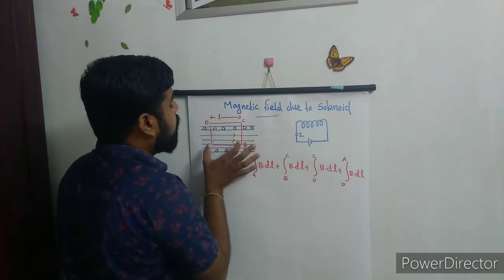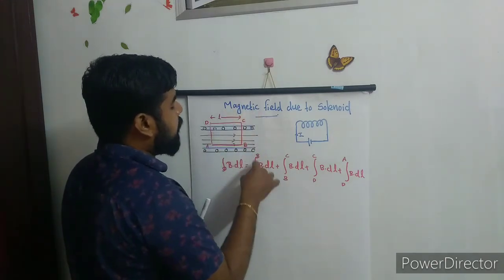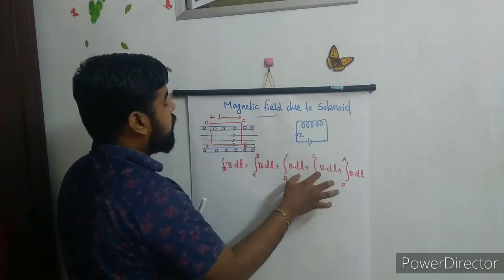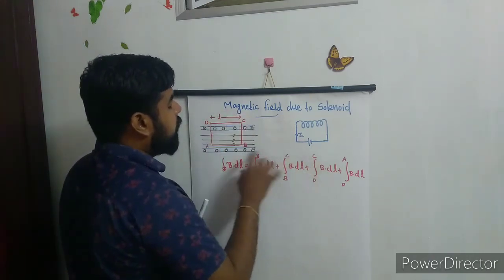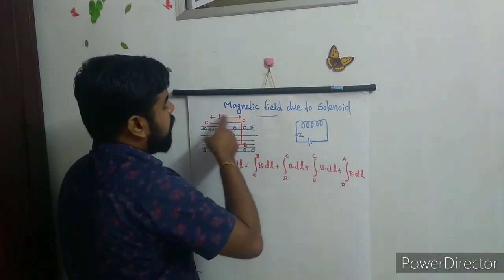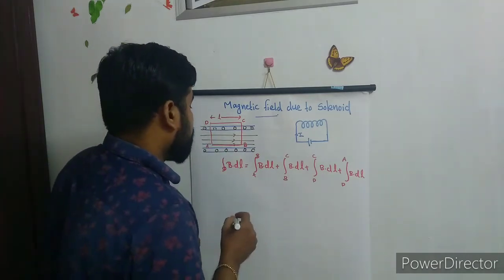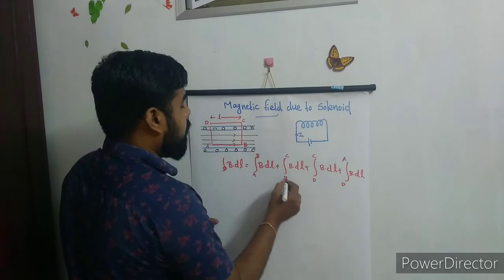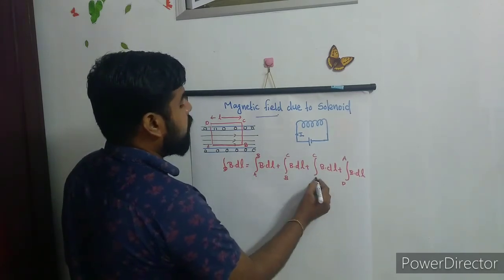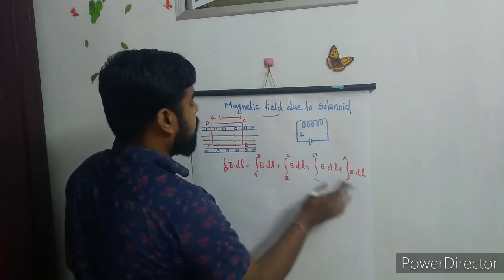It is the magnetic field from A to B, plus B to C, then C to D, then A to D. That is the total magnetic field around a closed region.